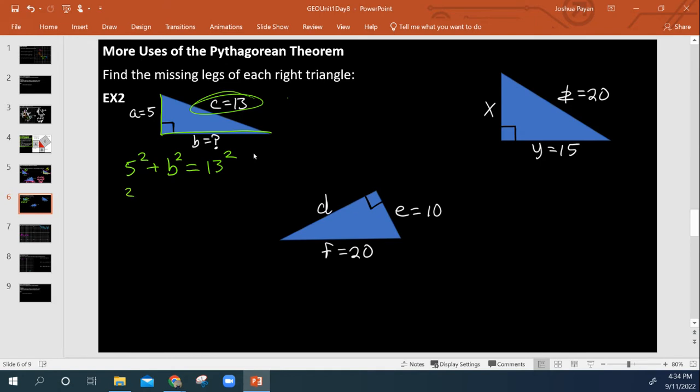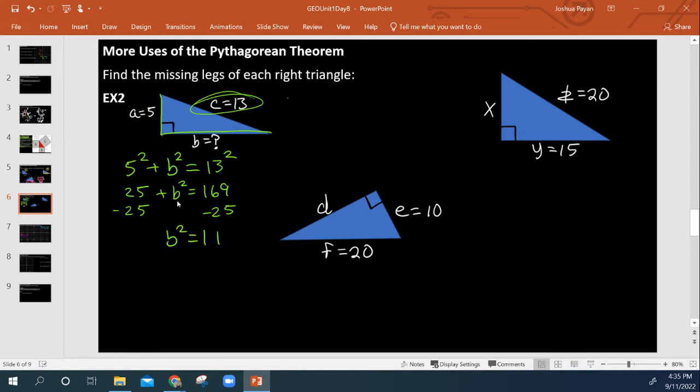right? So 5 squared is 25 plus the missing leg squared equals 13 squared, which is 169. Okay. Now this is a simple equation that we can solve. So I get rid of this positive 25 by just doing minus 25 to both sides.